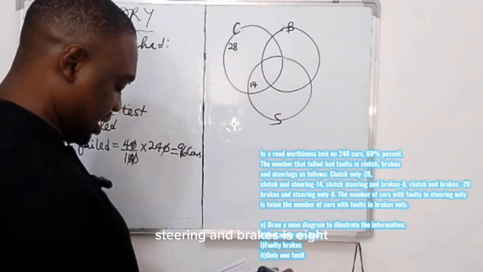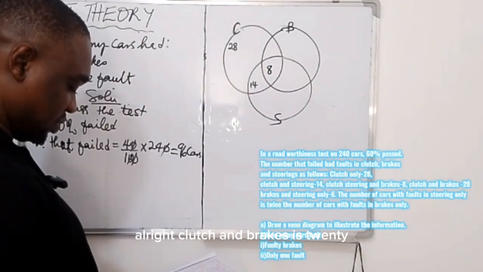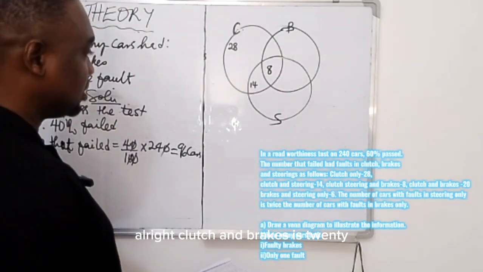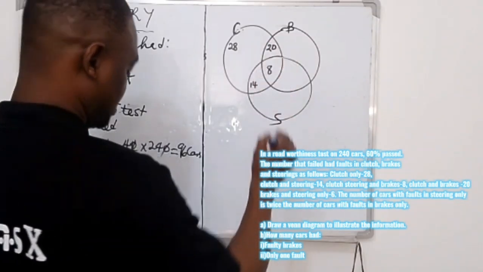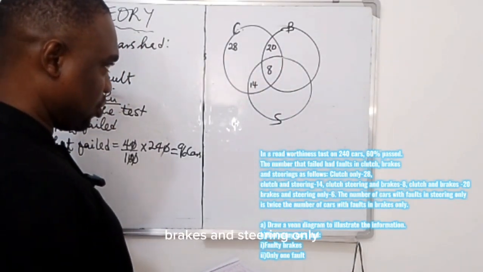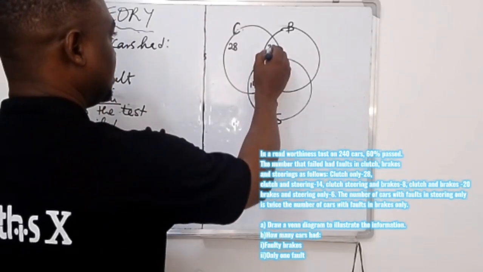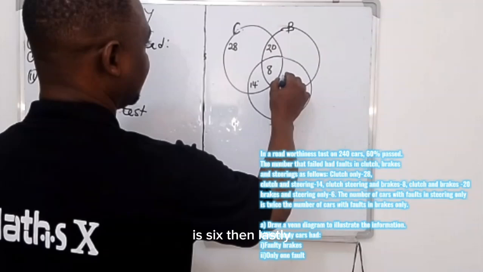Clutch, steering, and brakes is 8. All right. Clutch and brakes is 20. Brakes and steering only is 6.